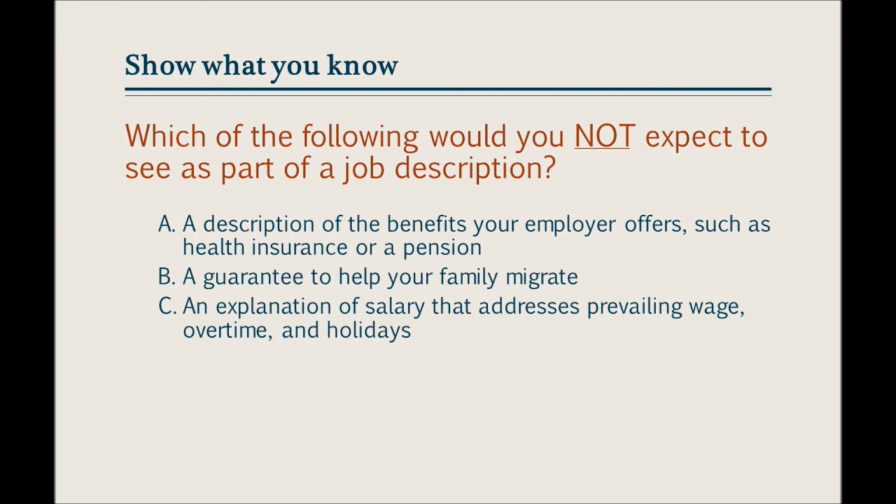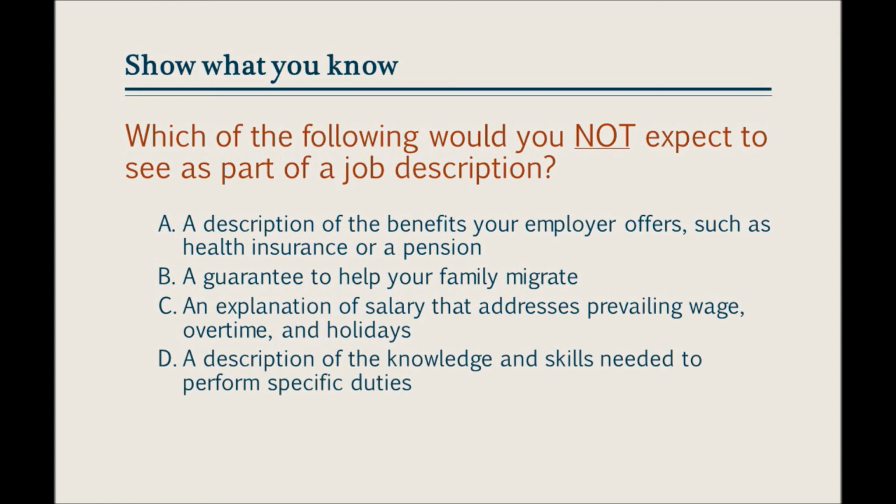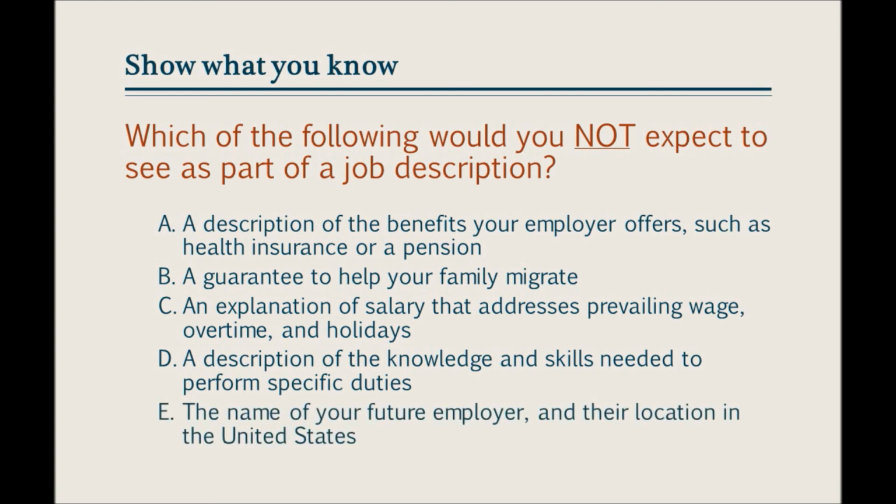C. An explanation of salary that addresses prevailing wage, overtime, and holidays. D. A description of the knowledge and skills needed to perform specific duties. E. The name of your future employer and their location in the United States.